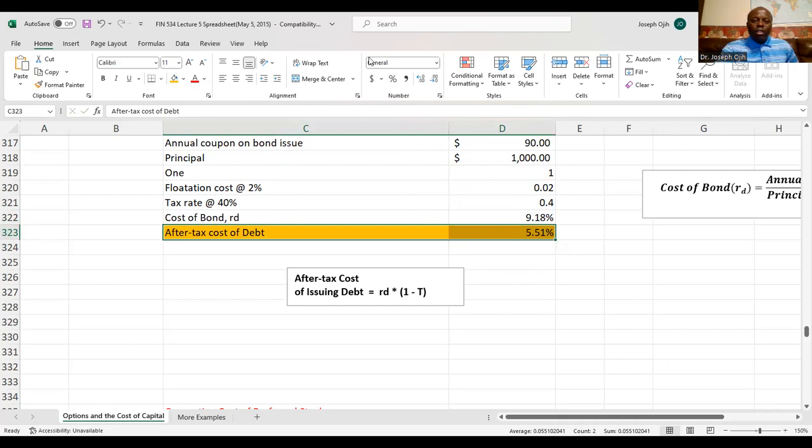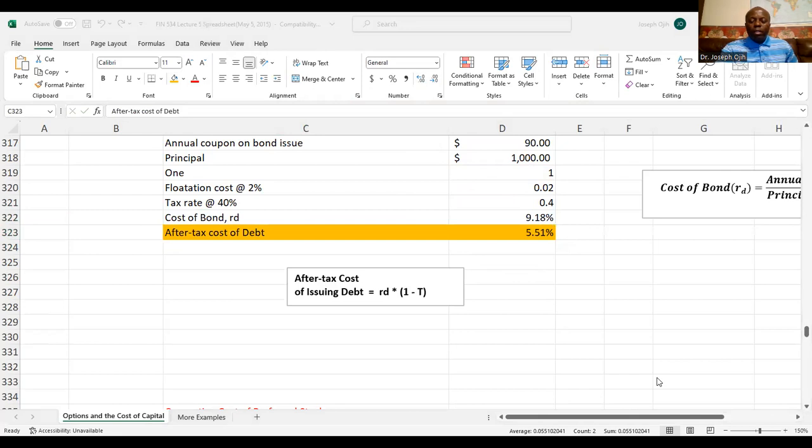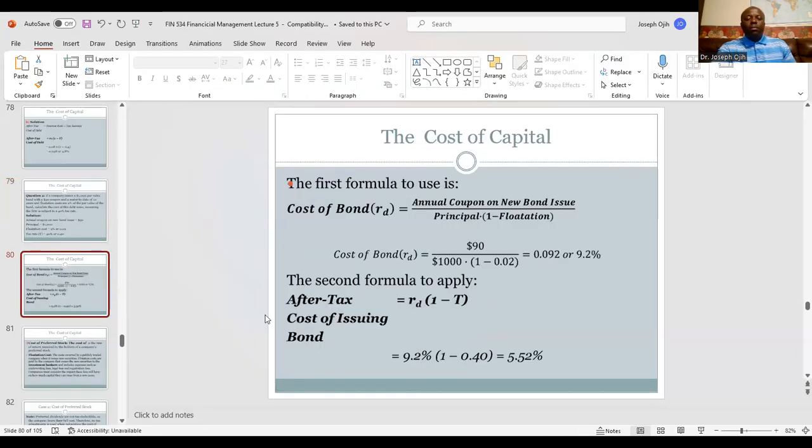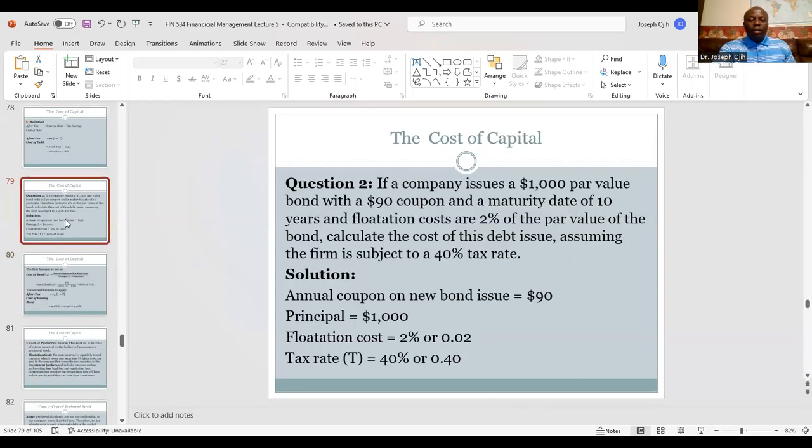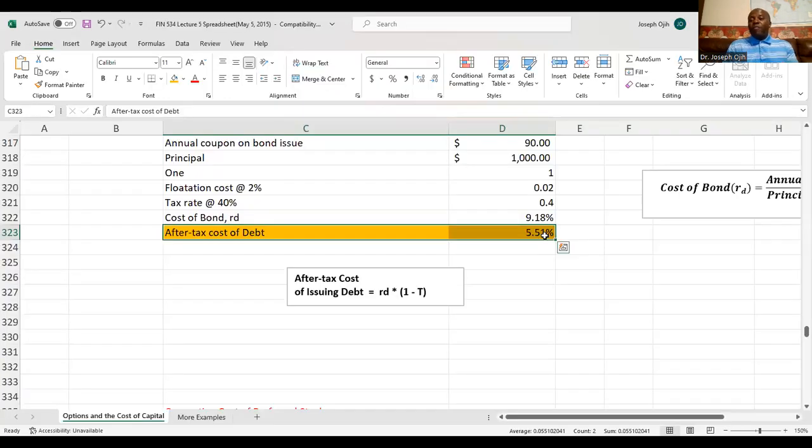And this is similar to what we have in my PowerPoint, 5.52%. So the after tax cost of this debt is 5.52%. I have 5.51% here, just a rounding error.